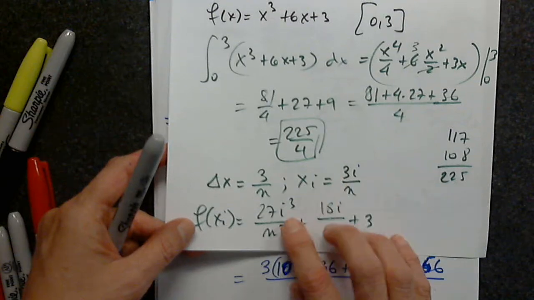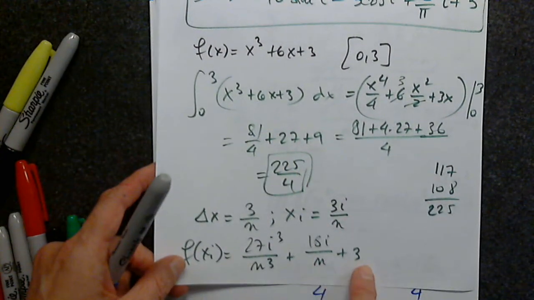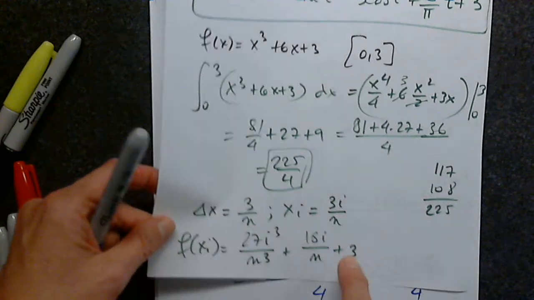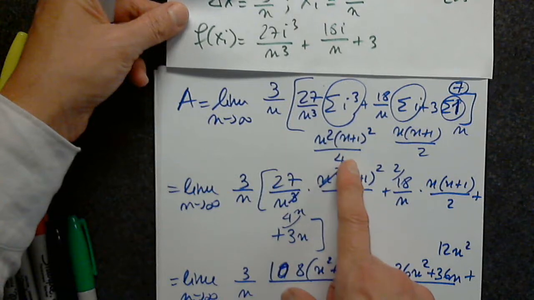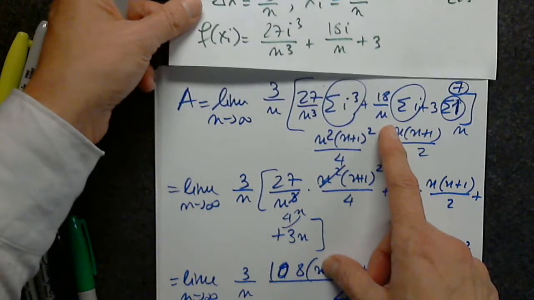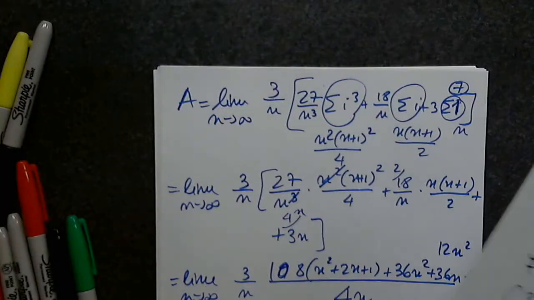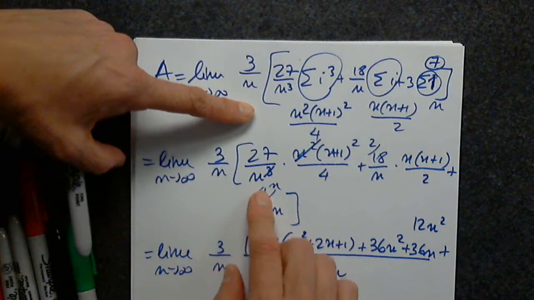So it was 27. Now I have to check everything. So 18i over n and then 3. Okay. And then I had 3 over n in front. 27 over n cubed, that's correct. Yes. Okay, then 18 over n, that's correct. And 3n, that's correct. Okay. So now 3 over n, 27 over n cubed.